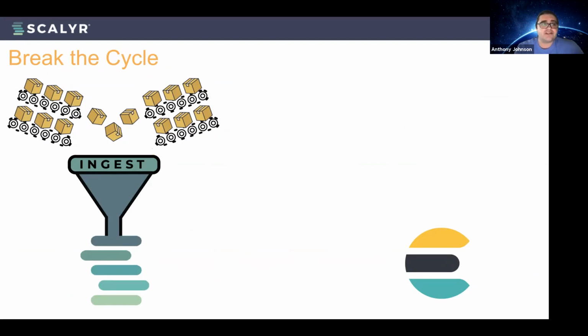I mean, Scalyr's ingest is built for 200 plus terabytes a day. We've scaled it up way beyond that as well, and that's per customer. Those are scales that very few companies are dealing with, and we know we can go way higher.